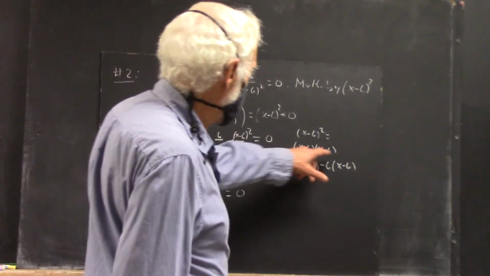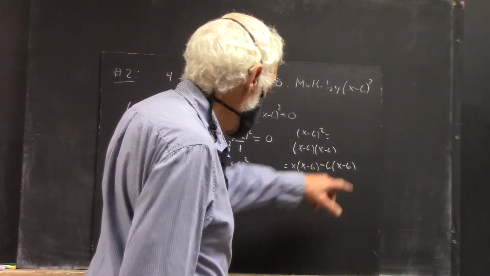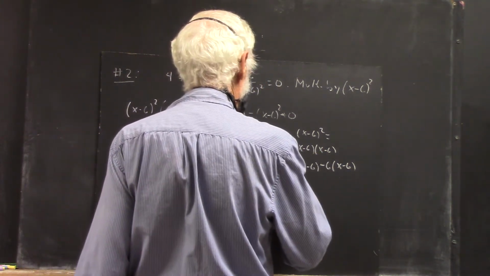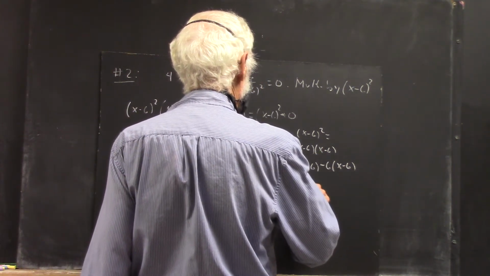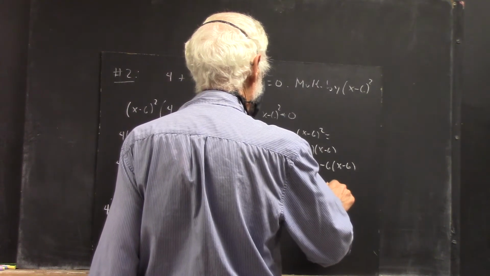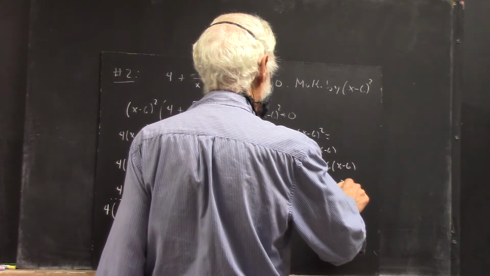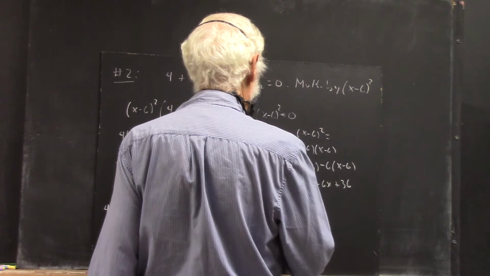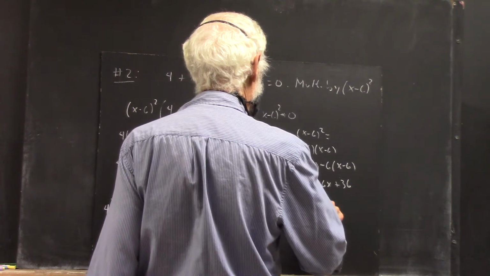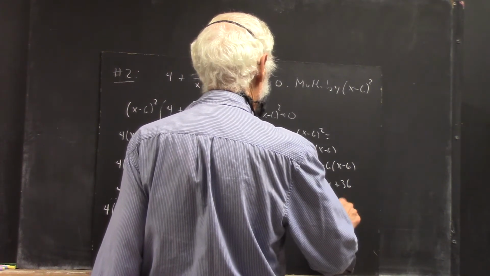Okay, we have x minus 6 times x minus 6. And that equals x squared minus 6x minus 6x plus 36, which is x squared minus 12x plus 36.